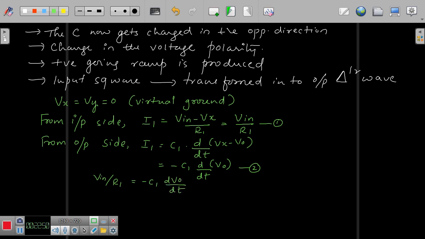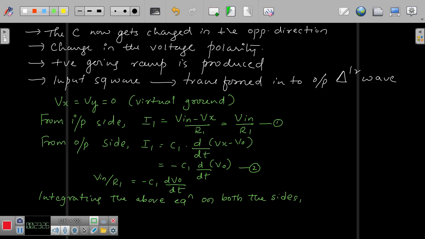Now I have to relate the output voltage with respect to input voltage, but your output voltage is already in the form of a derivative. So therefore, if I want to get V naught from dV naught by dt, I have to integrate the equation on both the sides, right? Integrating the above equation on both the sides.